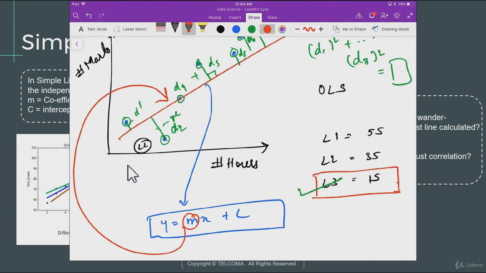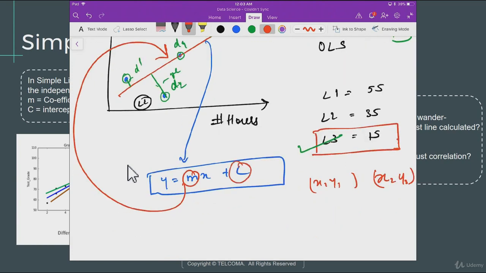You can have 2 points, let's say x1, y1, and another point x2, y2. Determining the linear distance between these 2 points, you can calculate the slope of this particular line. Now c would determine the intercept. So let's say this line cuts the y-axis at this point. The intercept would be determined as this distance.